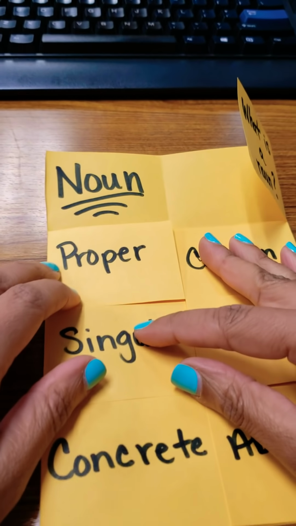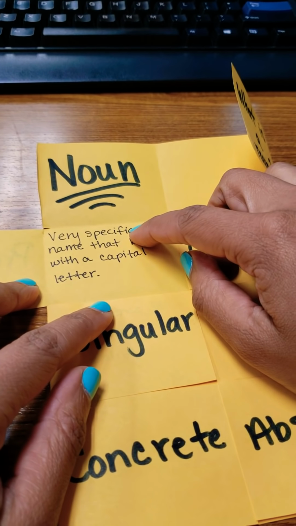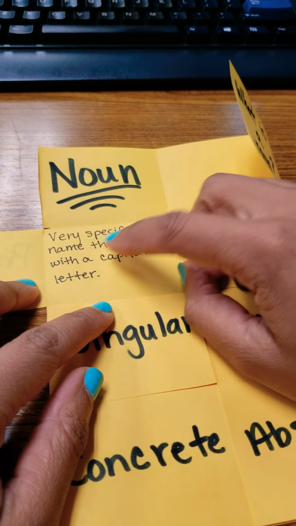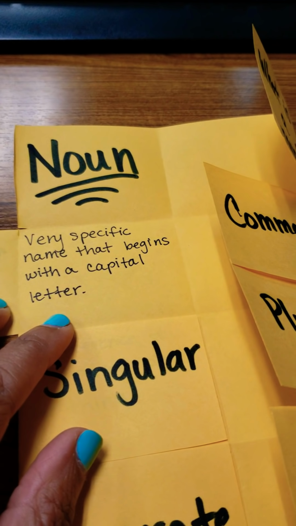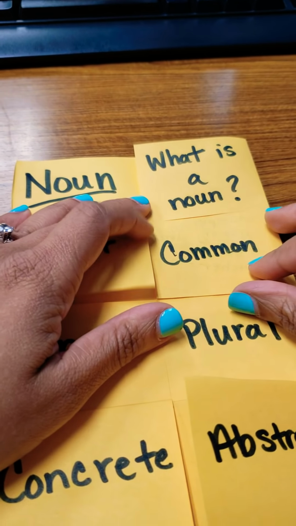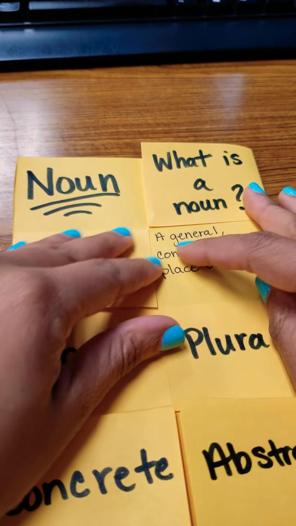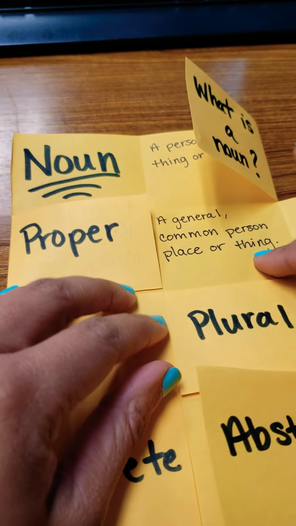So looking at proper first, we've got proper says a very specific name that begins with a capital letter. On the other side for common, we've got a general, common person, place, or thing.